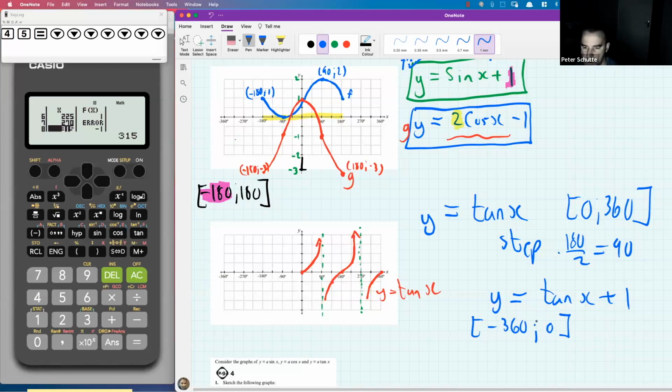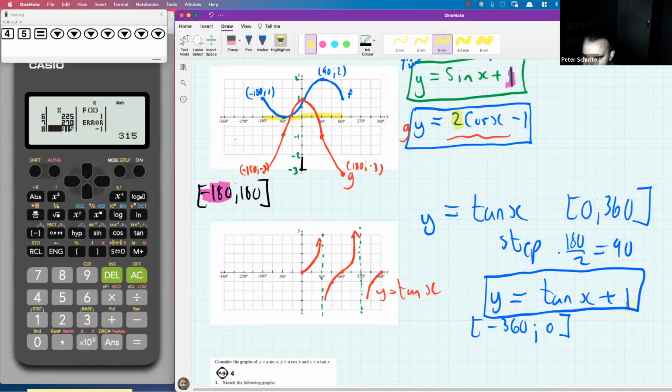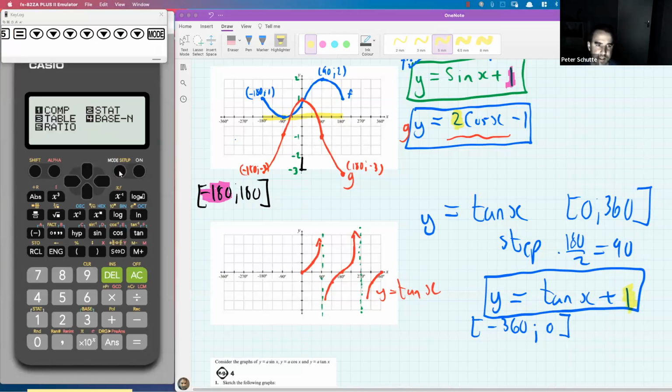So you're going to draw it on the domain -360 to 0, and you're going to draw me the graph y equals tan x plus 1. In terms of the changes, the +1 is just a vertical shift upwards by 1. That's what I think, but let's see if the calculator agrees with us. And that'll be our last one for today.